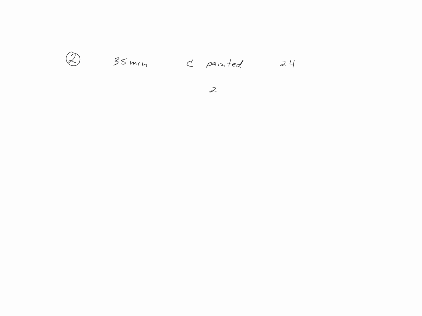So 24 minus the amount already painted, which is C, this equals the amount left to be painted. And if it takes 35 minutes to paint each piece that is left, we're going to have 35 minutes times 24 minus C. And that is the expression that represents the number of additional minutes needed to finish painting the set of checkers. And that is C.